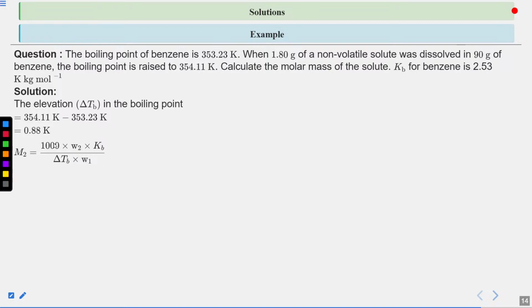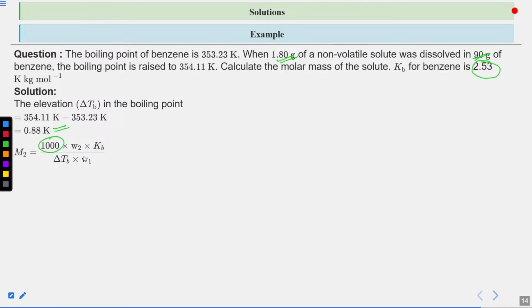Now putting this into the formula for the molecular mass in terms of the elevation in boiling point, it will be 1000 into W2 into Kb by delta Tb into W1. For W2 we have 1.80, W1 is 90 gram, Kb is given as 2.53, and delta Tb has been calculated here.